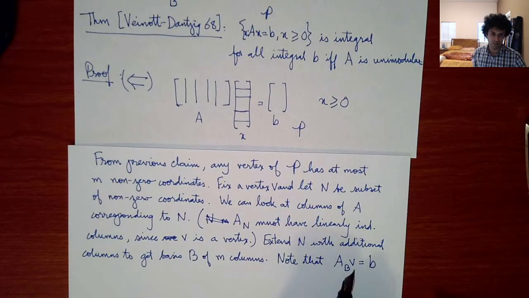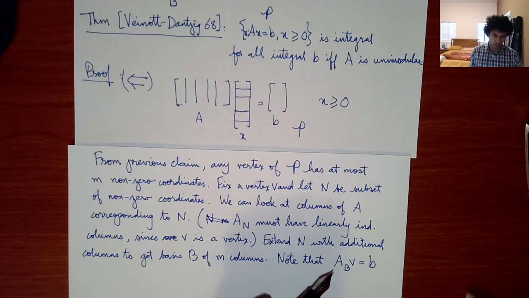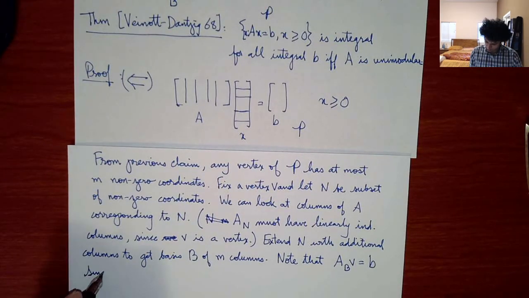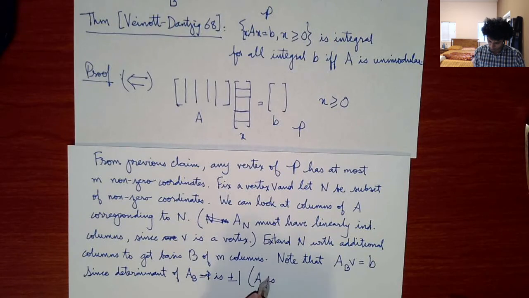V is exactly the solution of this linear system. Technically you could even look at A restricted to N, but we'll take a square matrix over here. And what we get is that the determinant of A_B is plus minus 1. This is because A is unimodular.